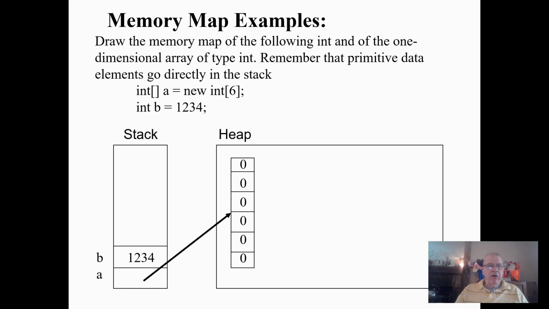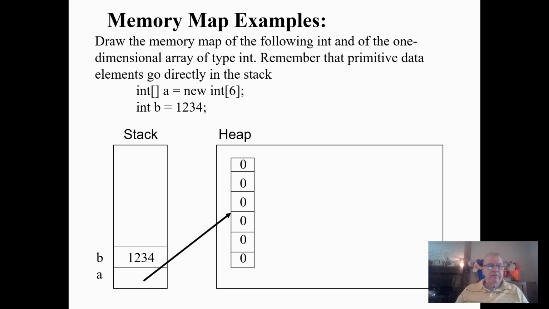The first thing is an array of int, so it goes at the bottom of the stack before we're even thinking about B. A is an array of int, so it's a memory address, and we represent the memory address by the arrow. The arrow points to the array of 6 integers. The default value of an int is 0, so that's what's in the array.